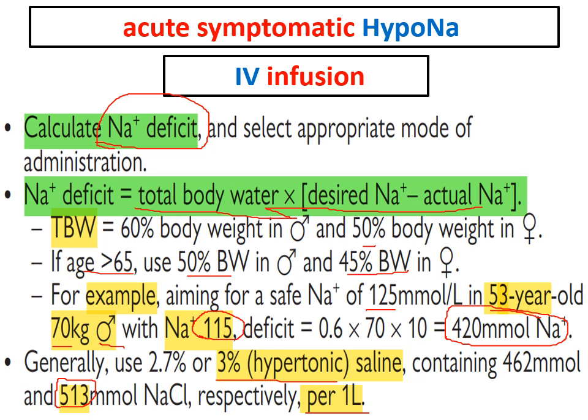This is another method to treat hyponatremia. But the most common one is the previous one, the Madias equation: the change in sodium equals the infused sodium minus the measured sodium, over total body water plus 1.